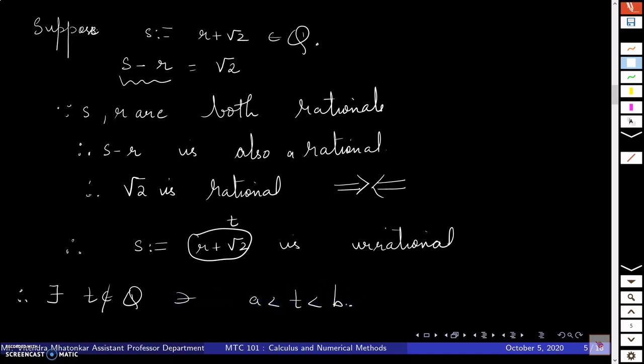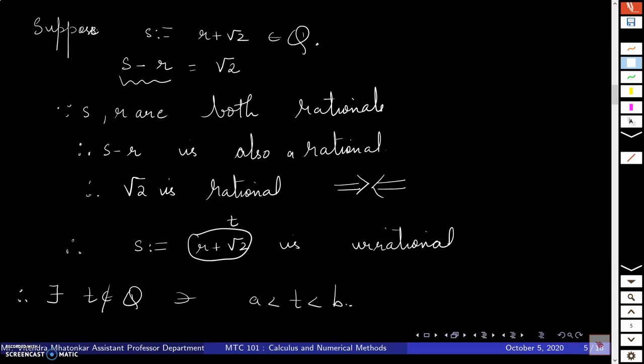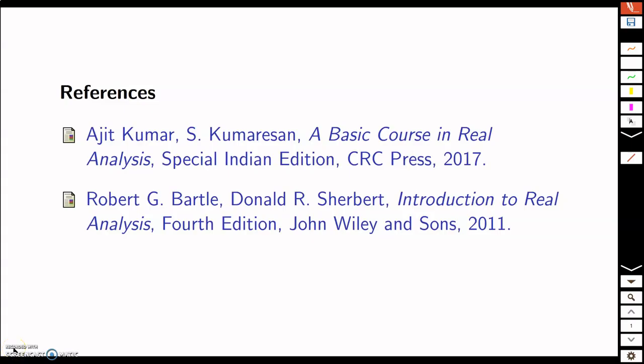So given any two real numbers a and b, I can find an irrational lying between a and b. In fact we can find infinitely many rationals and irrationals between two numbers a and b. So this was the density of rationals and the irrationals, and these are my references.